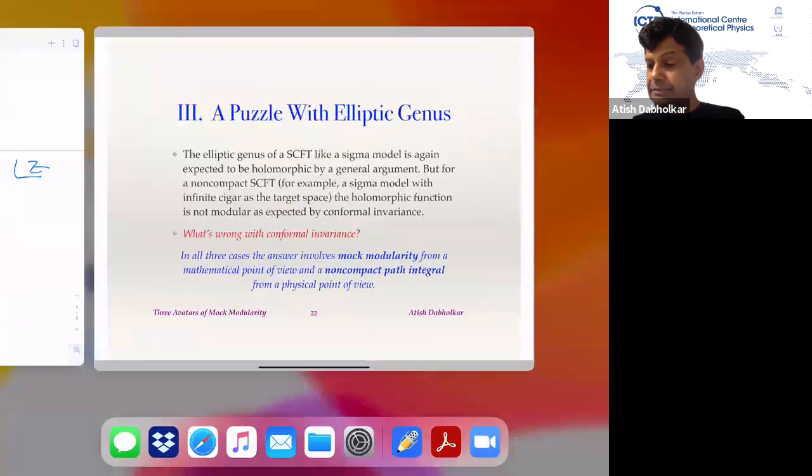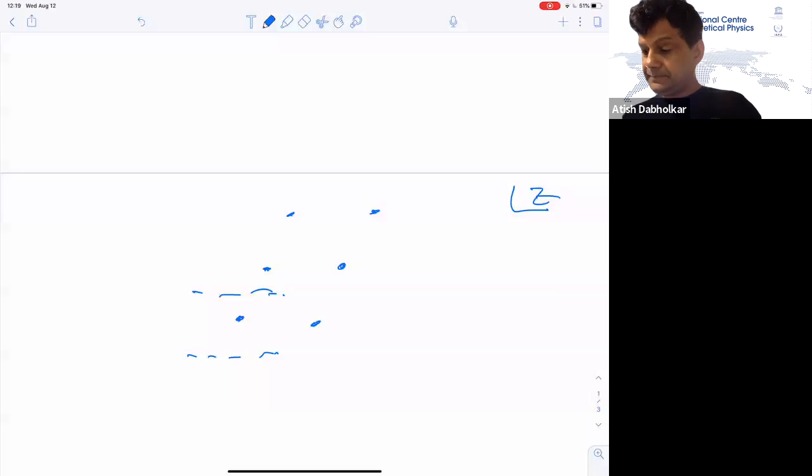Why do we expect something modular? Sorry, something holomorphic.